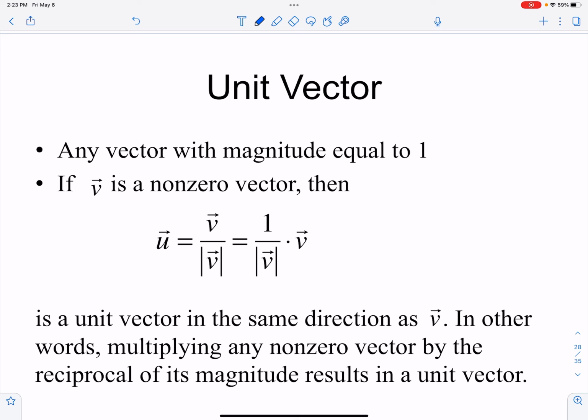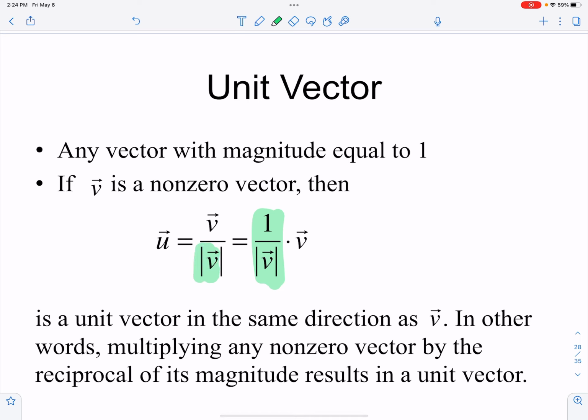Okay, unit vectors. So any vector that has a magnitude equal to 1 is a unit vector. And you can find a vector's unit vector by multiplying the vector by 1 over its magnitude. So this would represent a scalar, right? Because the magnitude is a scalar.